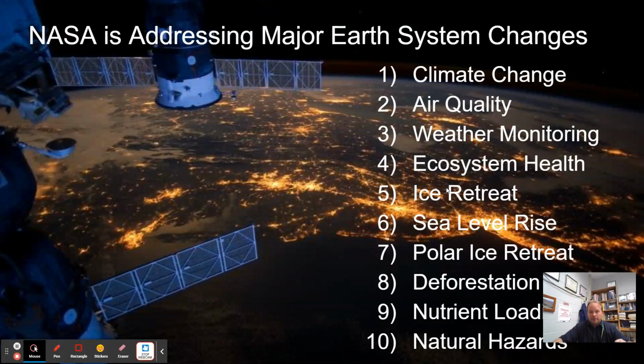Here's a list of topics that they're looking at. You can pause the video to look at it in more detail, and it is not an exhaustive list. NASA's got some fabulous missions going on up there in space and in the atmosphere with planes and other things. Not all are satellites. Many of these missions have instruments that are all over the place collecting data.